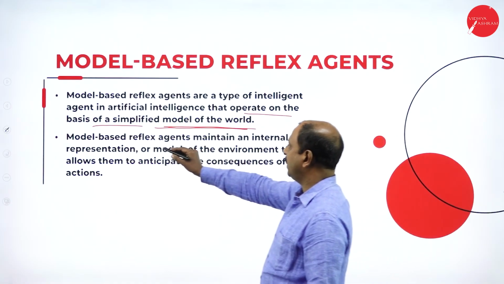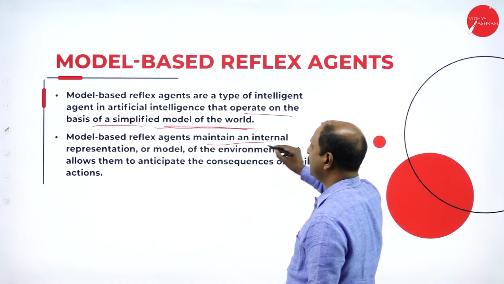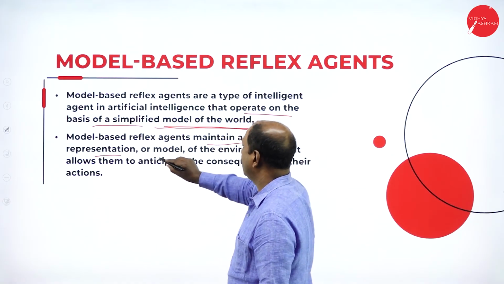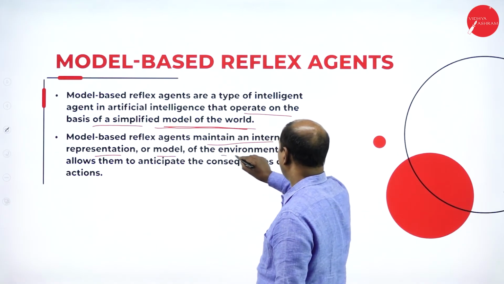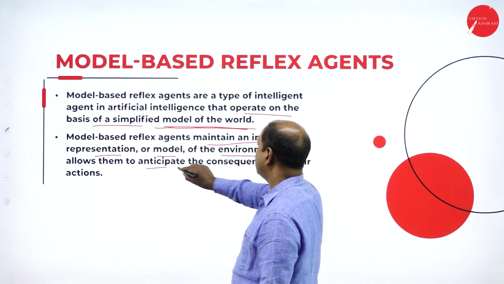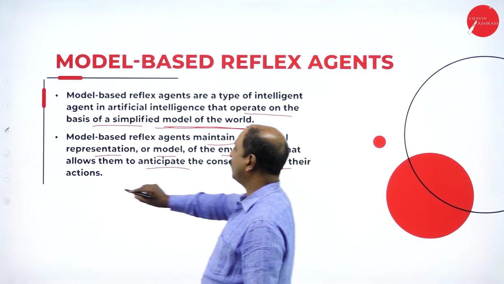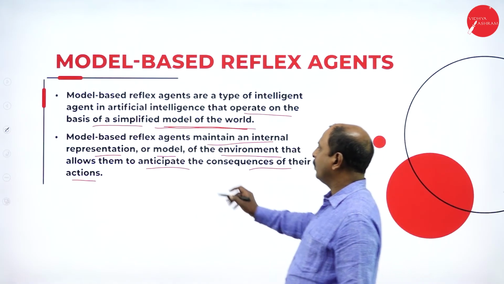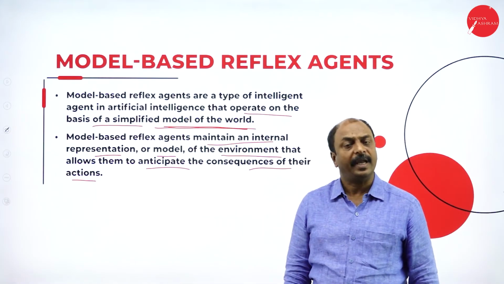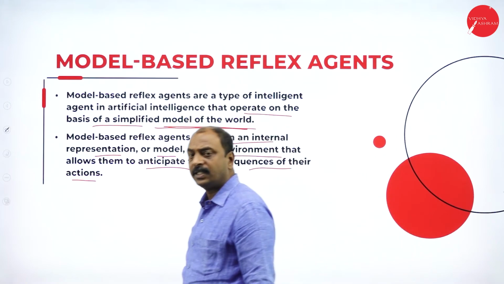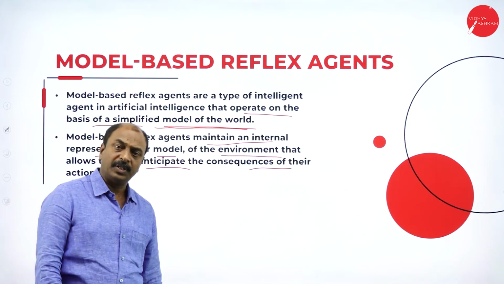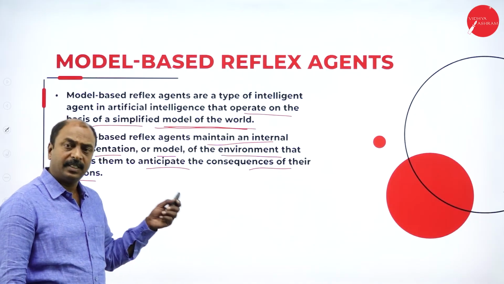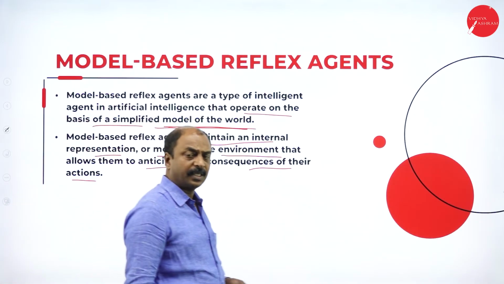This agent maintains an internal representation or model of the environment that allows it to anticipate the consequences of its action. So in this model, there are predefined models existing, and all the actions are taken based on the model and the decision based on executing that model.